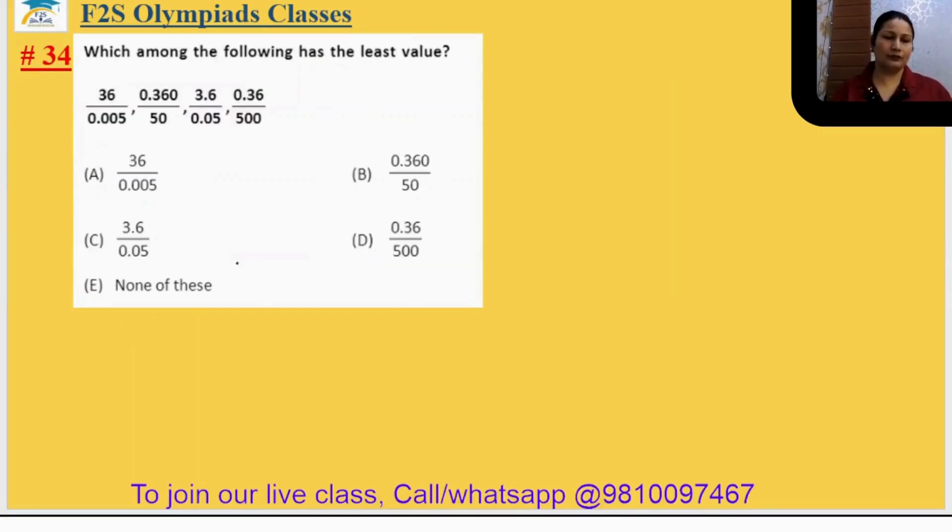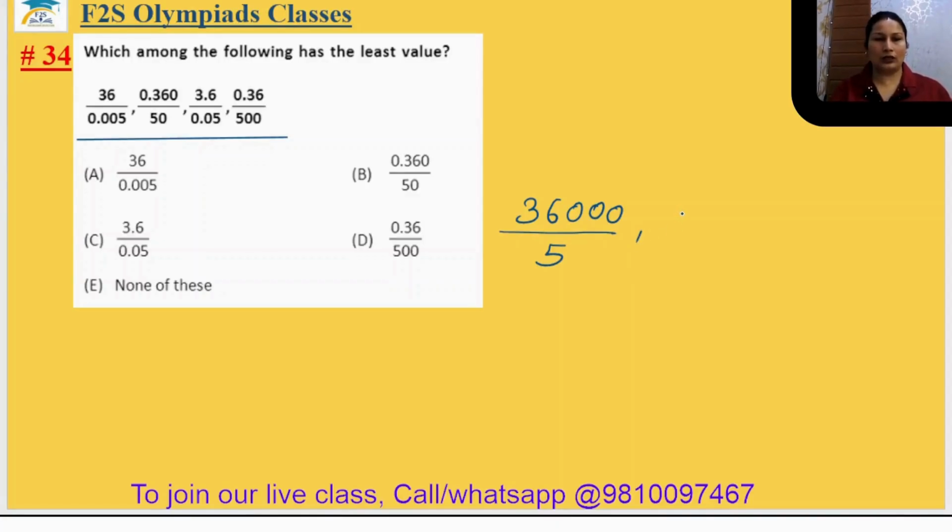Question number 34. Which among the following has the least value? देखो तो, to find the least value, first convert it into a fraction. So it is your 36.005. So we can write 5 and we can put 30 here, okay.